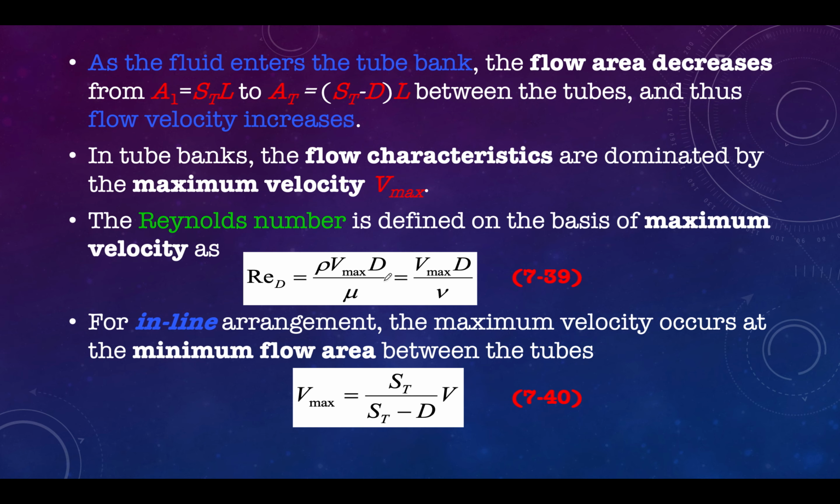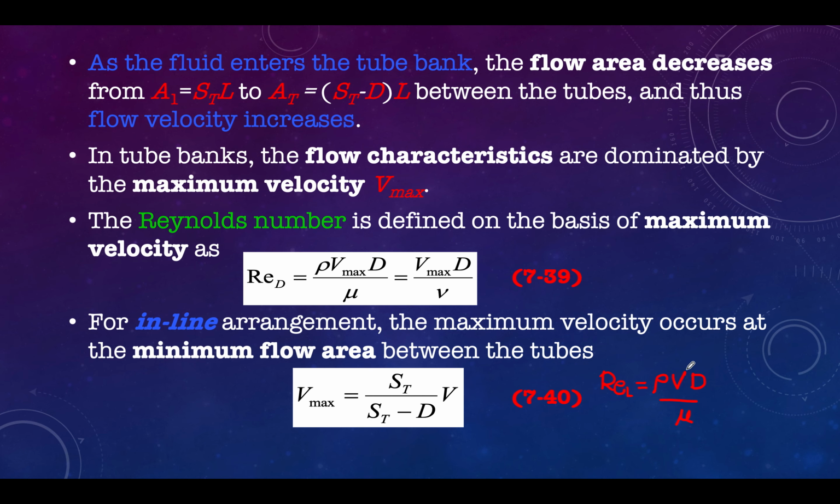In tube banks, the flow characteristics are dominated by the maximum velocity, Vmax. So the Reynolds number equation has to change. Previously the Reynolds number was rho times velocity times diameter divided by mu.